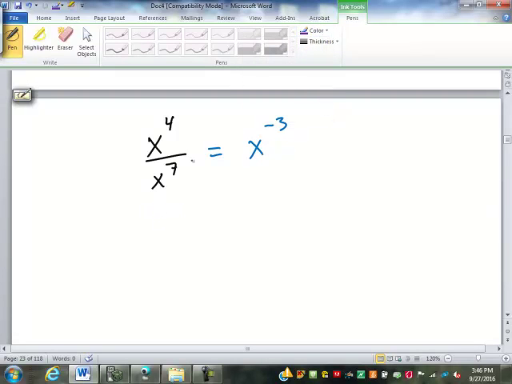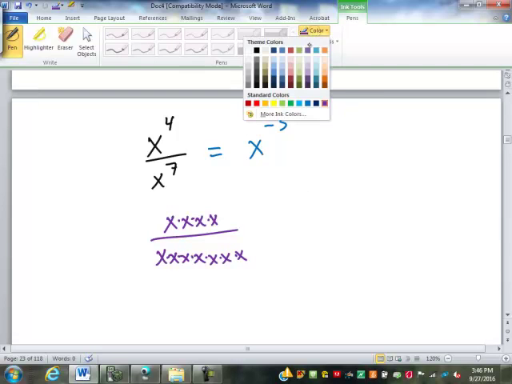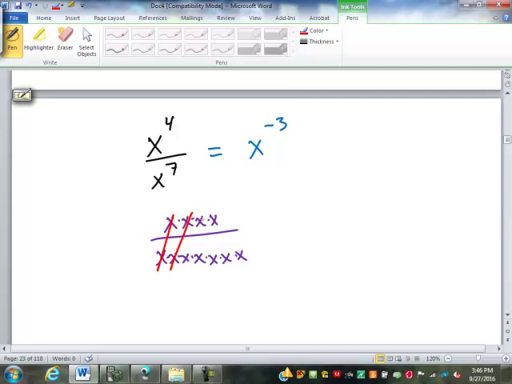But if I do this out using my powers, my factors, x to the 4th is 4 x's. X to the 7th is 7 x's being multiplied together. If I cancel them out, cancel out an x, another one, and one more, everything on top cancels out, so that's a 1. I have 3 x's on bottom, x to the 3rd.